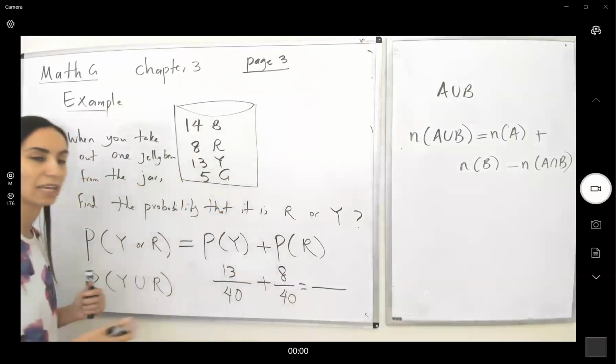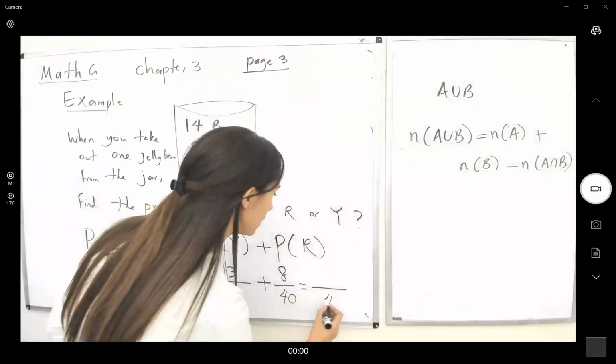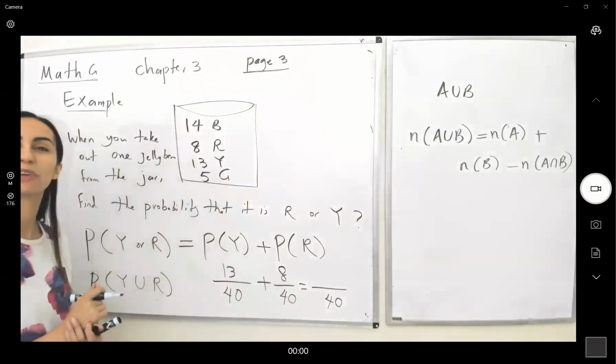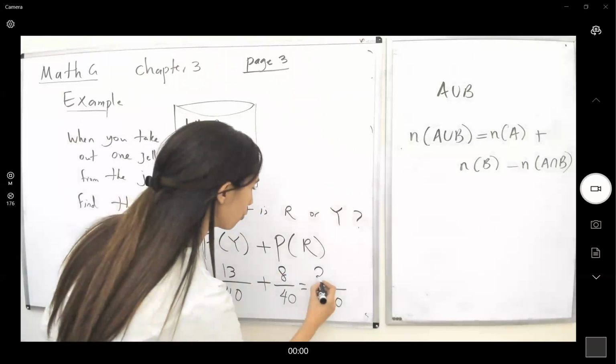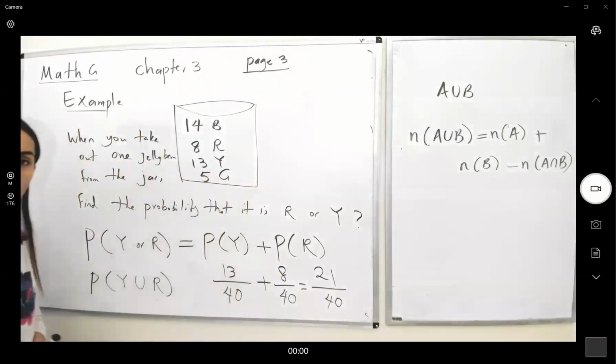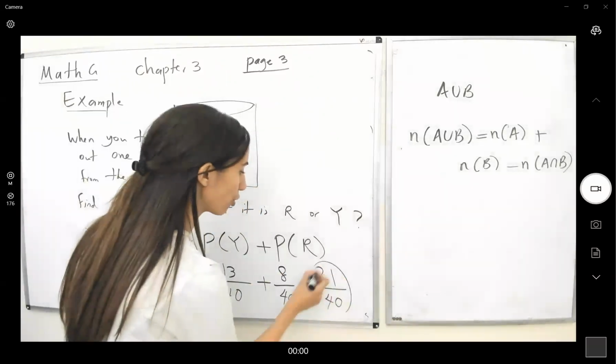Since they have the same denominator, you write one denominator and you add the numerators. Here you get 21 out of 40.